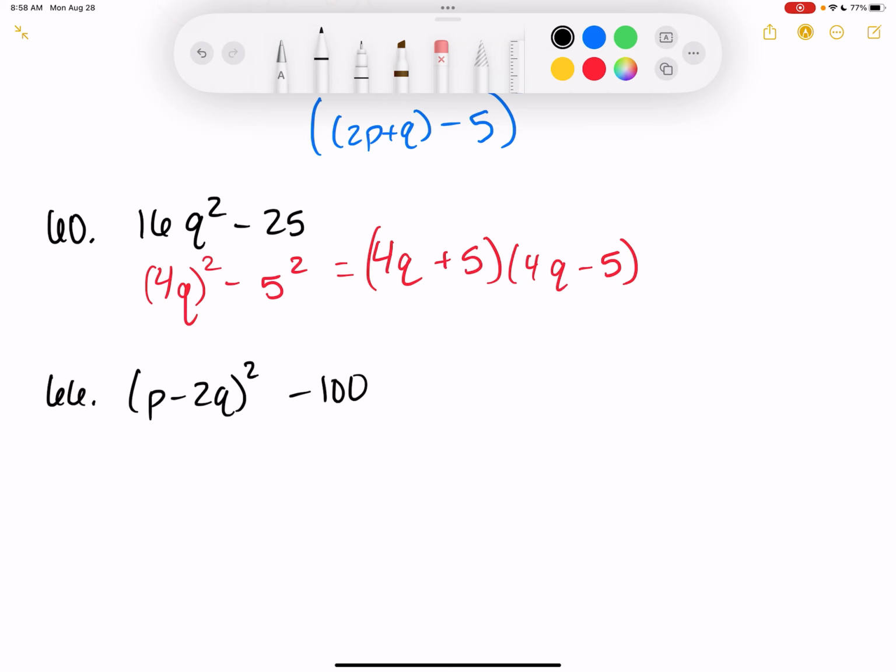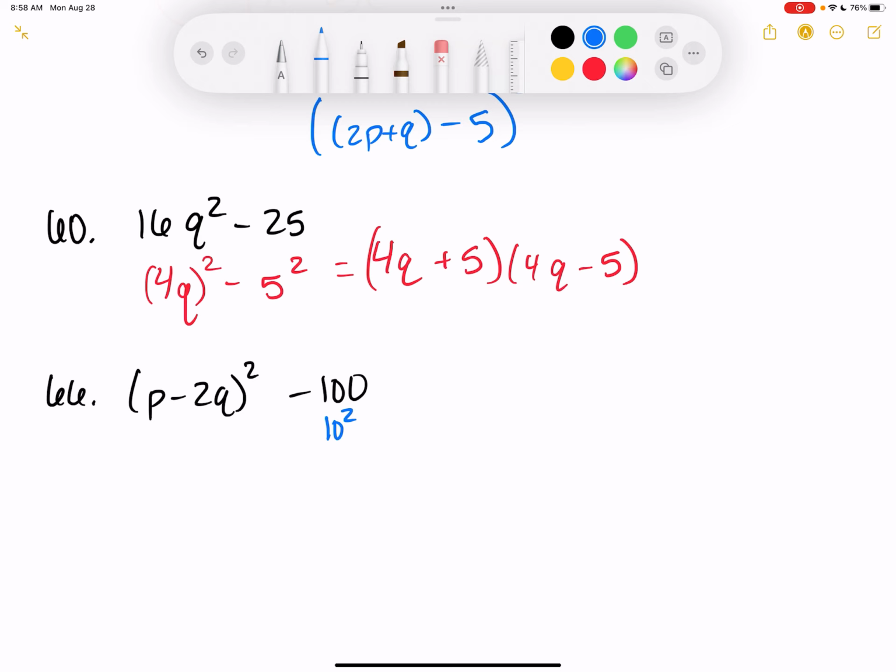We don't need to. Because with a difference of squares, I just need to know what that term was that's being squared, and it's already written that way, so I don't have to do anything to it. And then what squared is 100? 10. 10 squared.